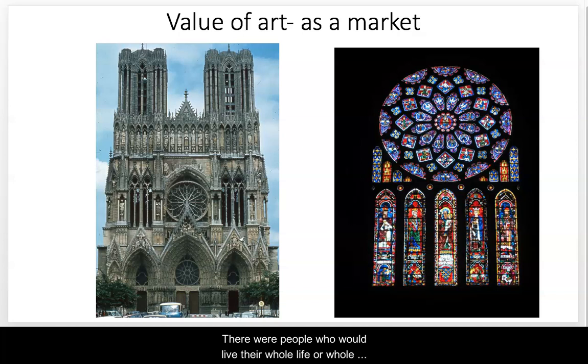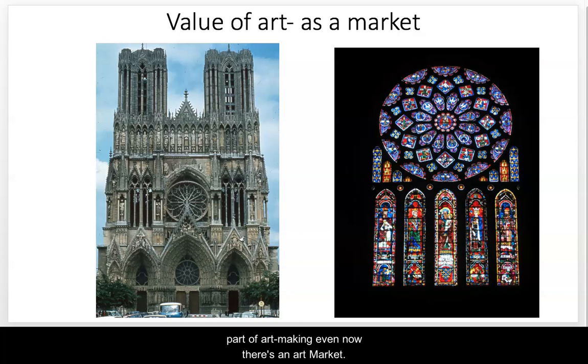There were people who would live their whole life, their whole adult working life, working on one building and get paid for it. And in these societies and cultures, pilgrims would come through and there was money collected and there was a lot of exchange happening around this, which we'll talk more about in later chapters like chapter 10, 11, 12. So this is something very much a part of art making.